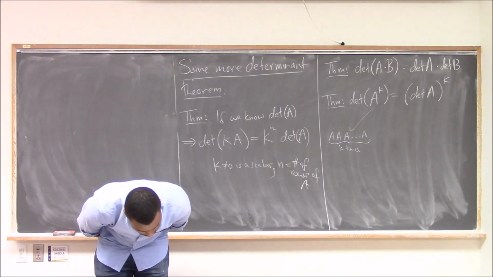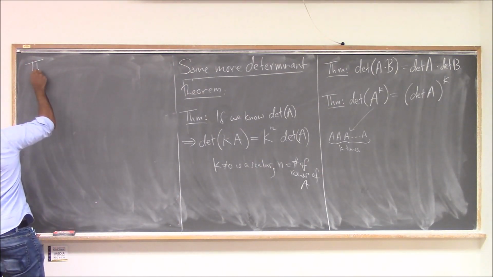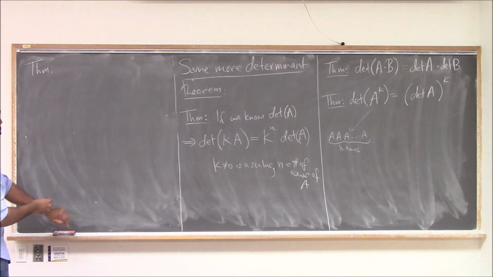Other rules did I tell you? So that's true. We haven't done inverses yet, but when I talk about inverses and you understand what it is, this will make sense.